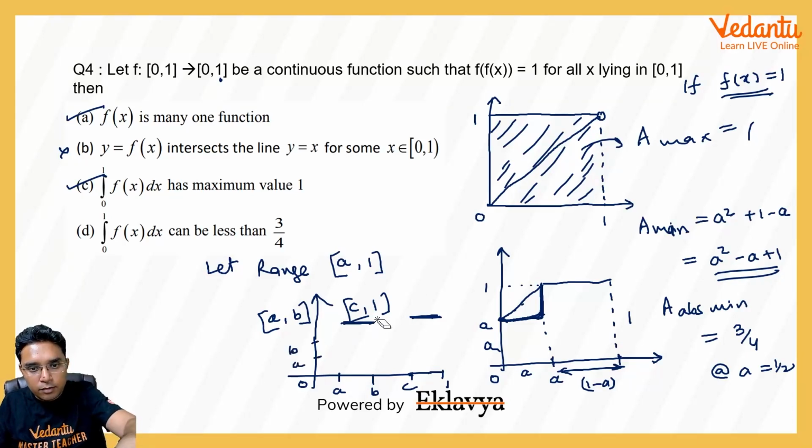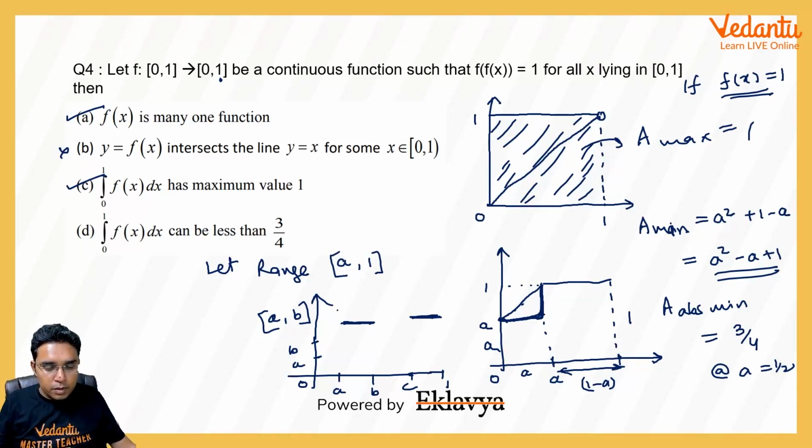Let me make this graph once again. I'm saying that range is a to b union c to 1, a to b here and c to 1 here.